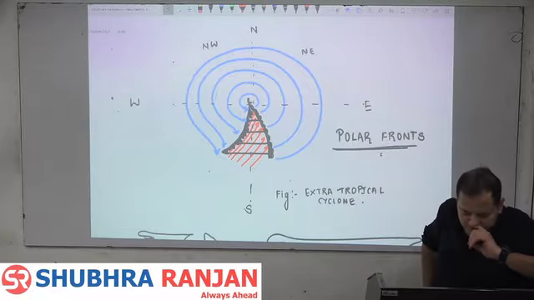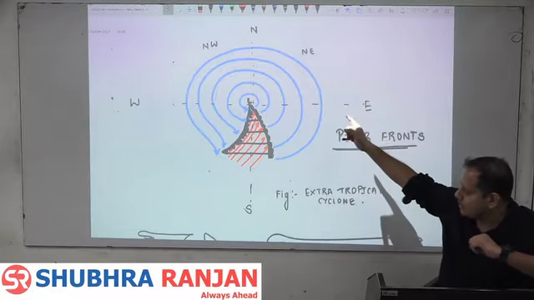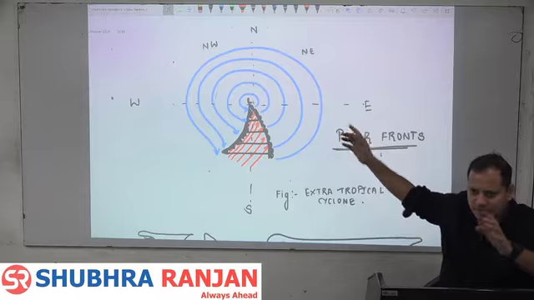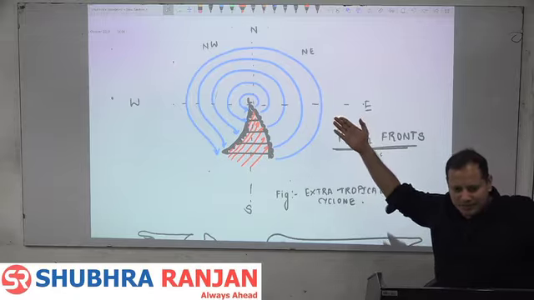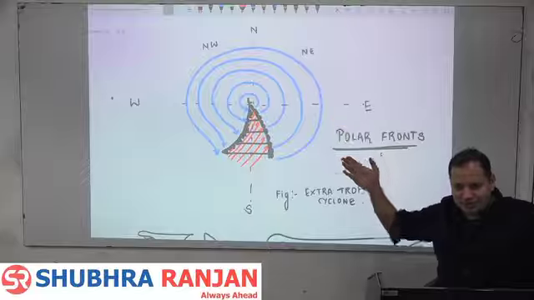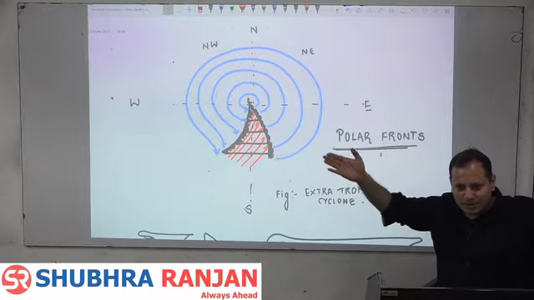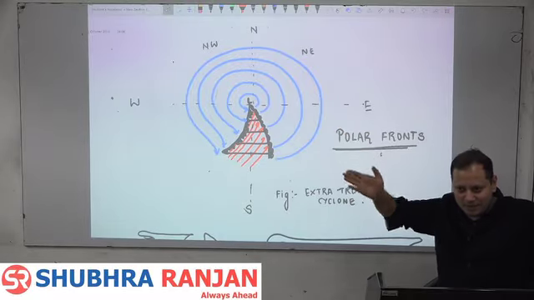Longitudinal axis means length, right? Is it wrong or right? They are wider in the north. Understanding? Warm air is being trapped. Cold air is not trapped. So they are becoming wider in the north.